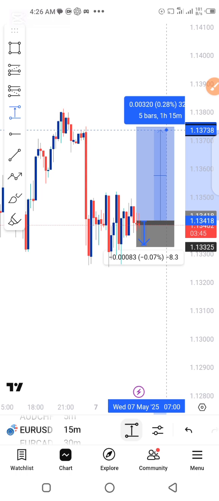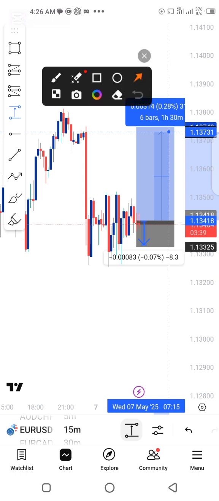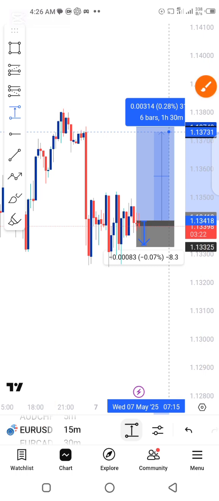So with these tools, it's very simple for you to get your pips. You don't have to worry about calculating things with this whole line. It would take a long lecture for me to teach you how to calculate your pips that way.